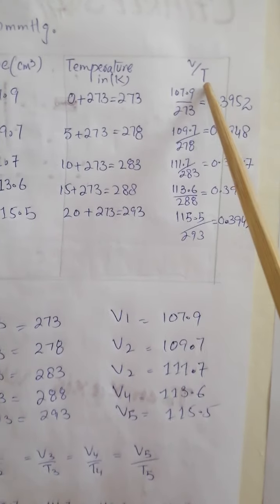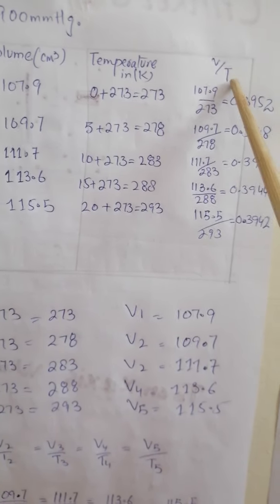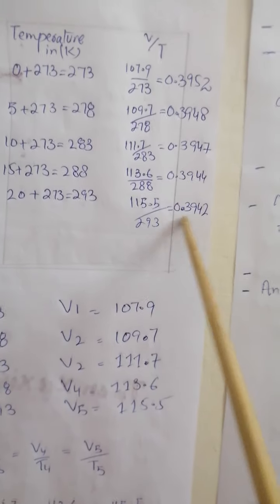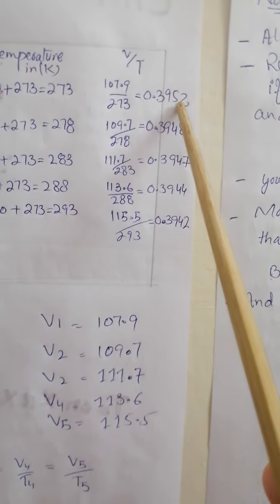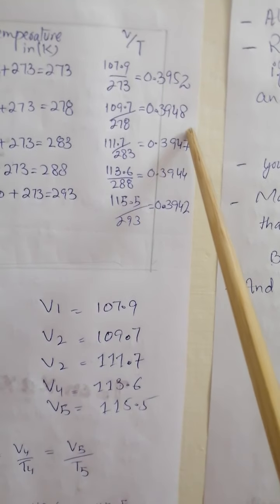After that, we put the values of volume and temperature in Kelvin, and you observe that our values are constant. If you observe, after the third value our values are a little bit different.